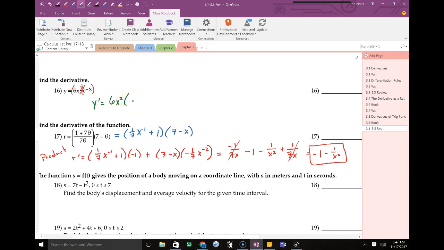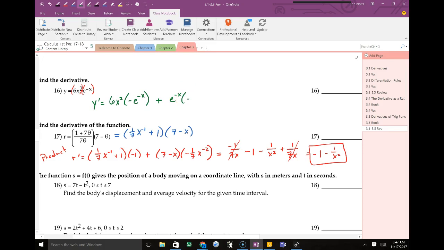Does anybody know the derivative of e to the negative x? It's negative e to the negative x. So now you know it's very close to it. Okay, plus my second, e to the negative x, times the derivative of the first.